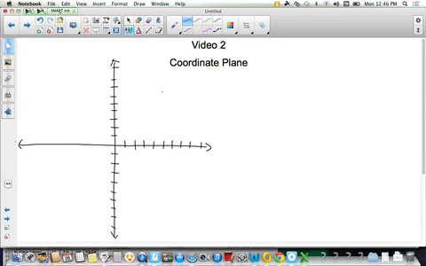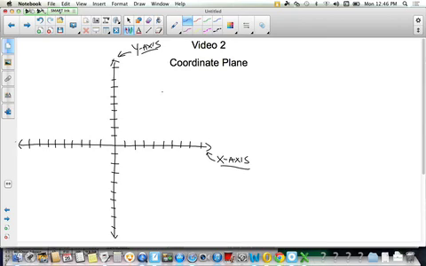So draw this on your paper. It doesn't have to be exactly like mine, but we want it to be kind of close. The key parts here: the horizontal axis, the one that goes side to side, is what we call the x-axis. The vertical axis, the one that's up and down, is what we call the y-axis.